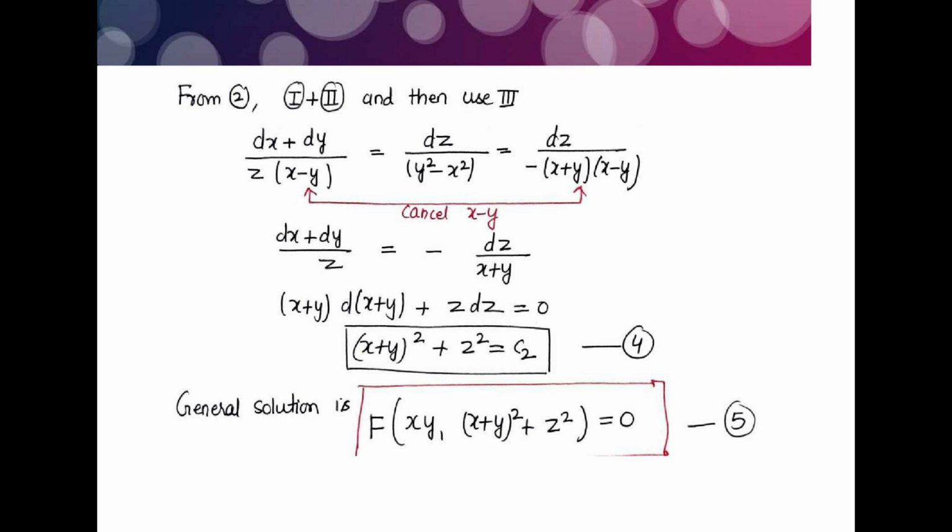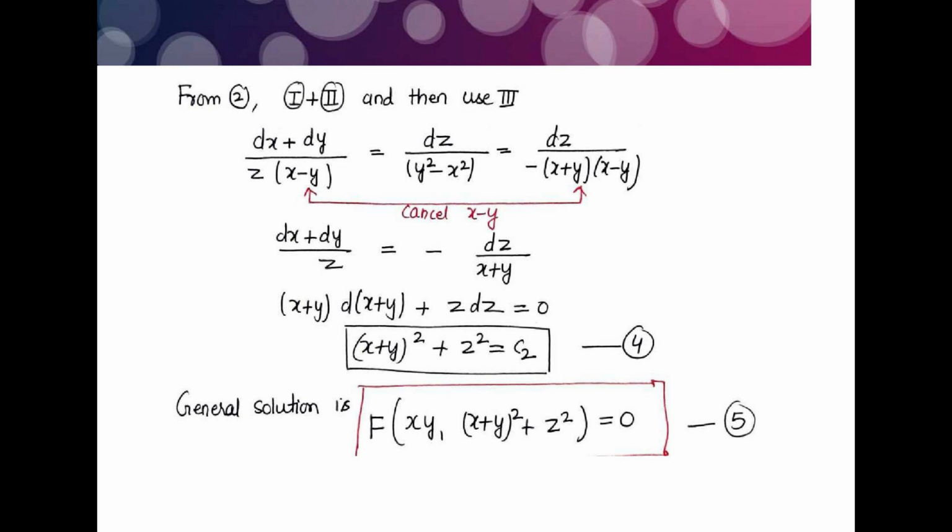Now if we see these 2 expressions, I have marked with arrow, we can cancel x minus y on both sides. And finally we have dx plus dy upon z. This is equal to minus dz upon x plus y. Now we can cross multiply these expressions, and finally we have x plus y into differential of x plus y plus z times dz equal to 0.